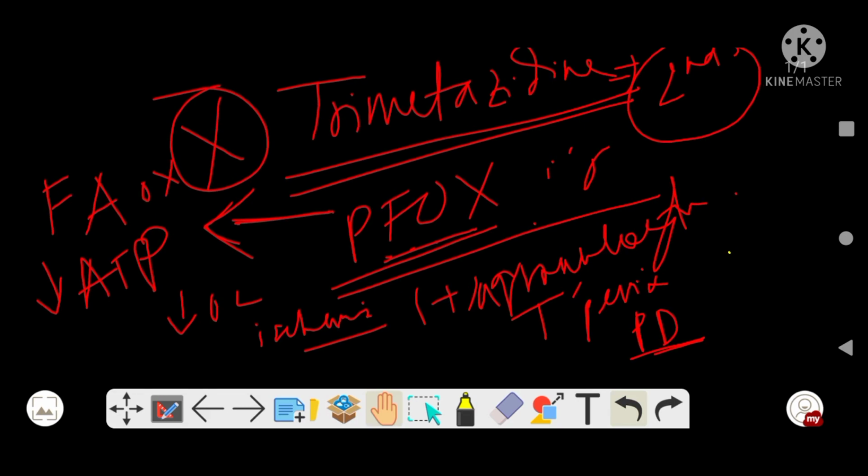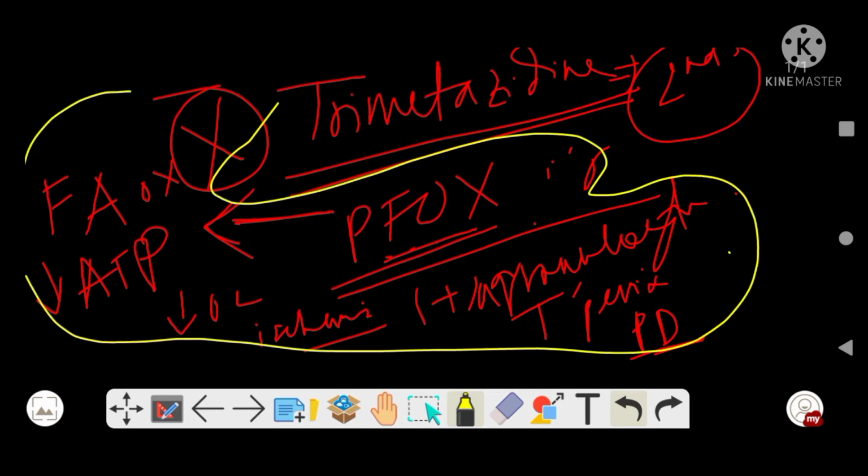It inhibits fatty acid oxidation, thereby decreasing ATP and oxygen demand and causing ischemia, along with agranulocytosis, thrombocytopenia, and Parkinson's disease. So for all these associated conditions, I will not prefer trimetazidine as a treatment of heart failure. That was your explanation.